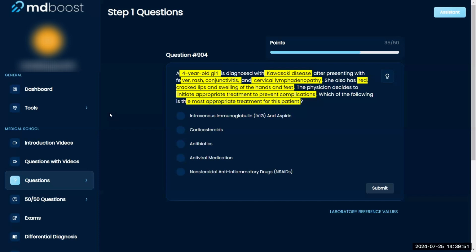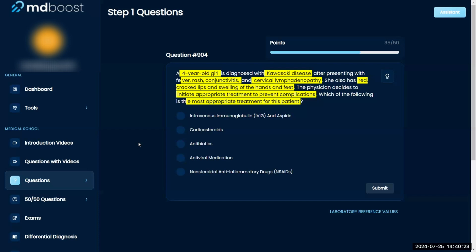Corticosteroids is always a good choice for something like this, for swelling and inflammation. Antibiotics, I don't think it's bacteria related. Same with viral. I'm in between.